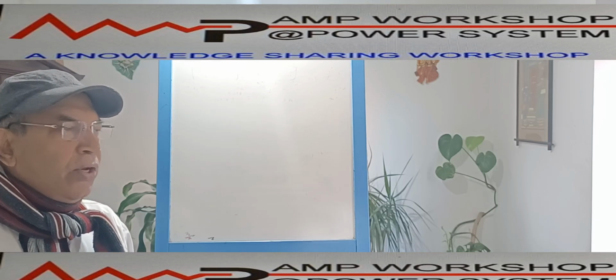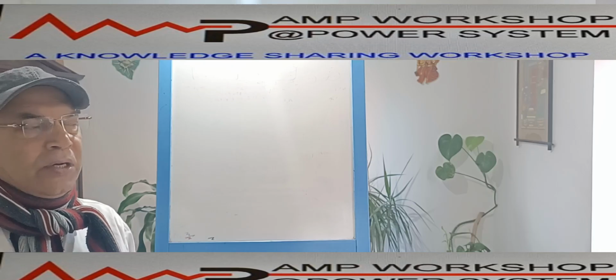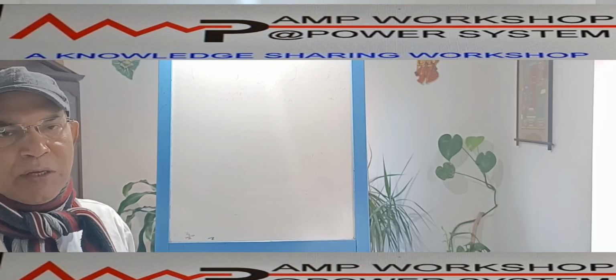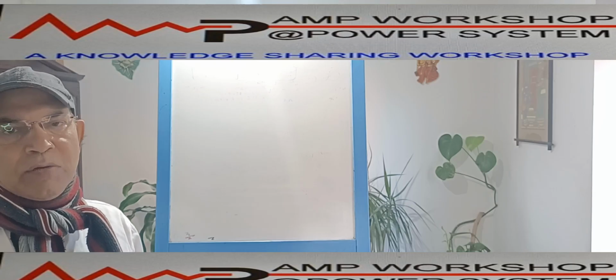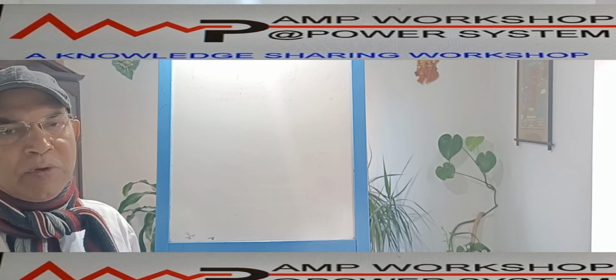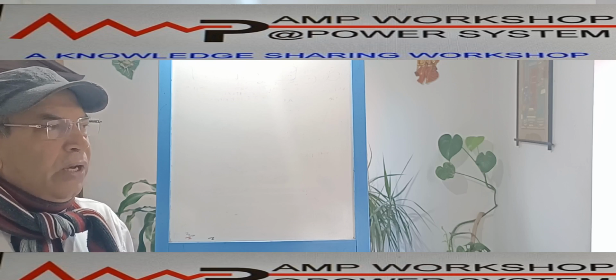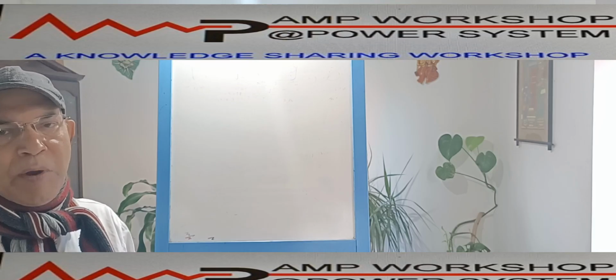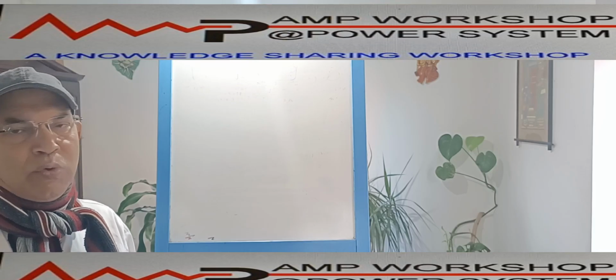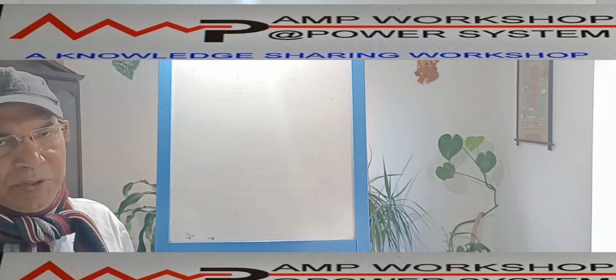When we discuss the rectifier's basic components and its working principle, first of all we have to discuss how many types of rectifier are available. With the development of electronic components and power electronics, we have two types of rectifier available nowadays.